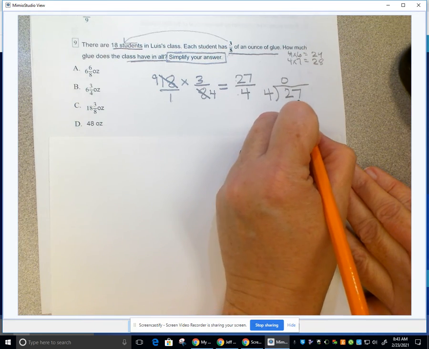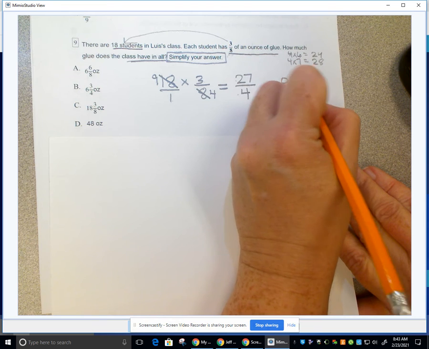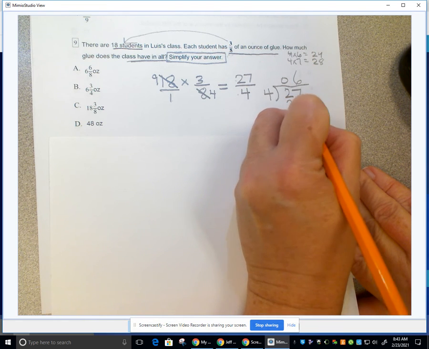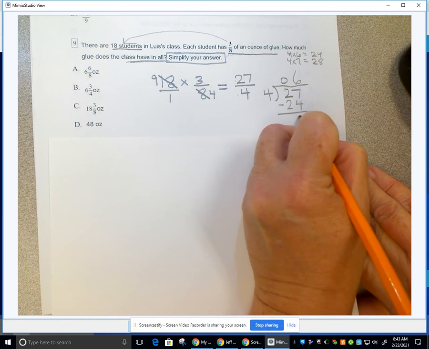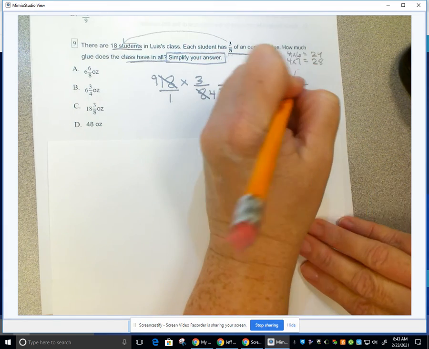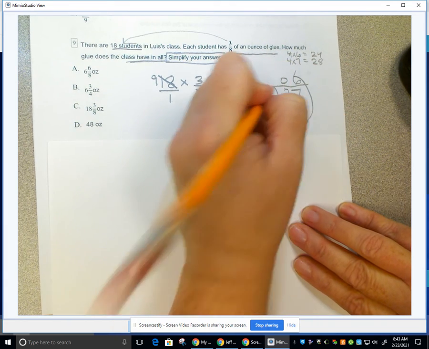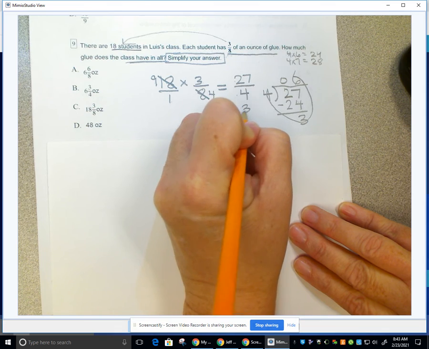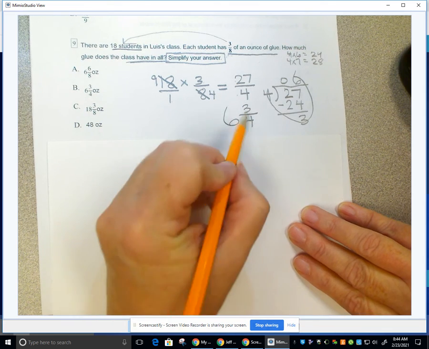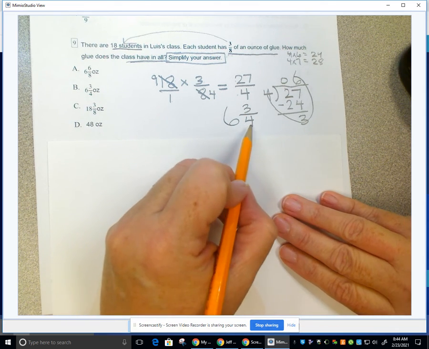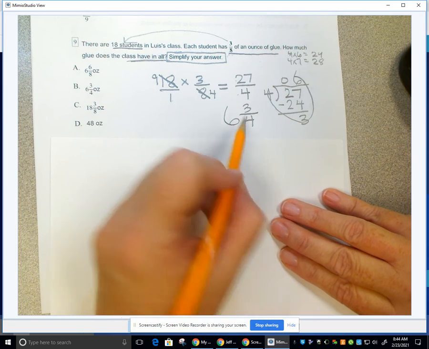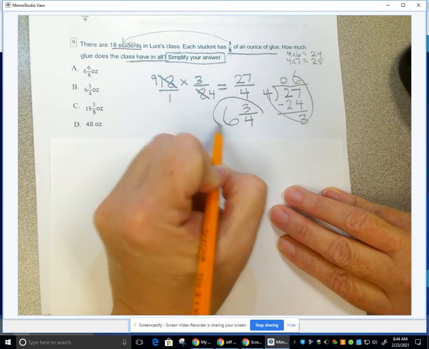So 4 will go into 27 6 times. And we said 4 times 6 is 24. Subtract, 3, stop and rock. 6 3/4. And I know that's in simplest form because they're neighbors.